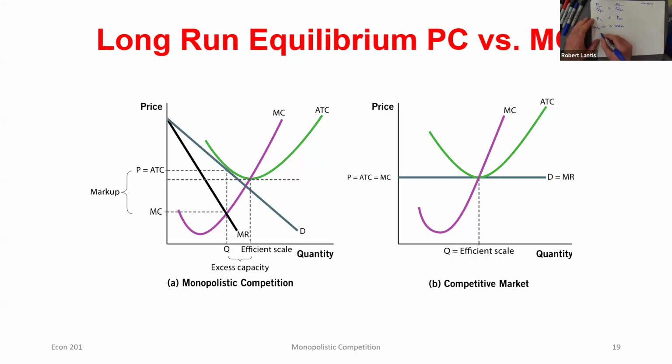Okay. Well, if I'm thinking about the monopolistically competitive market relative to a monopoly, the monopolist faces the entire demand curve, right? Okay. And then their marginal revenue would be twice as steep.